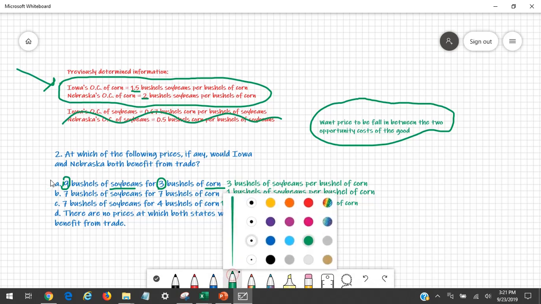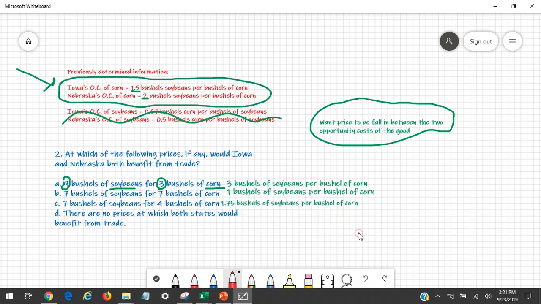It's too high, so I can eliminate A. So it's not 3. Make a little line through that. Okay, that's too high. All right, answer choice B, 1 bushel of soybeans per bushel of corn is lower than both the 1.5 and 2 for Iowa and Nebraska, so that's too low.